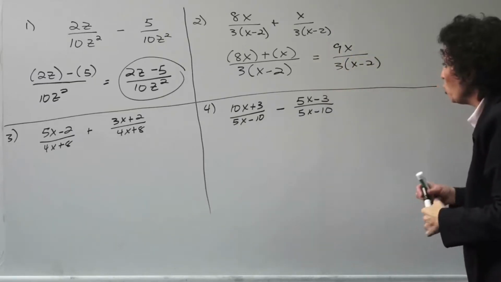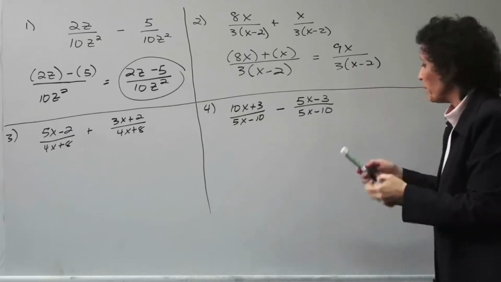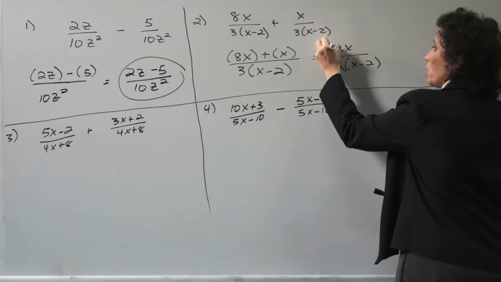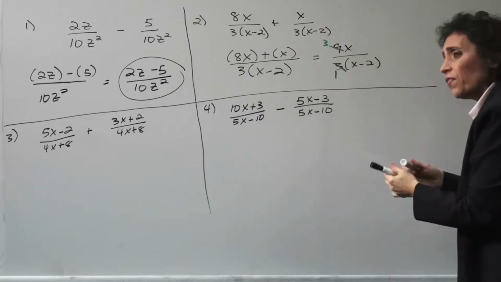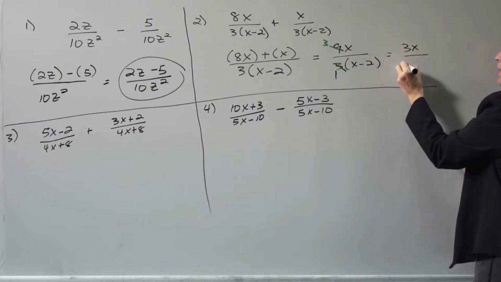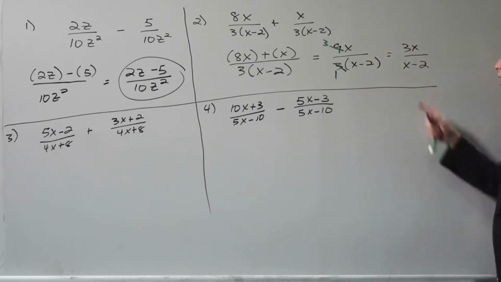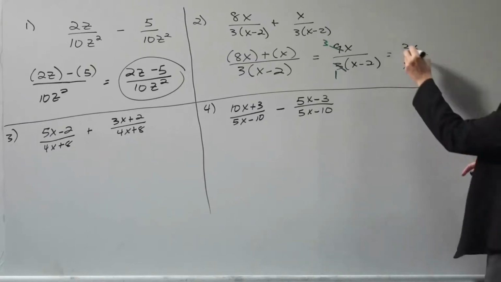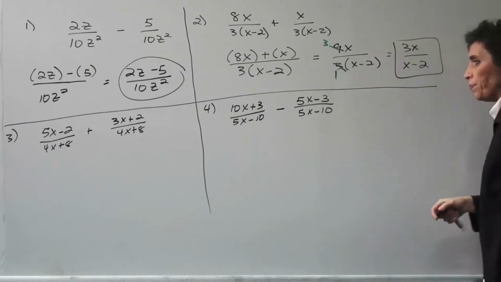I'm now going to reduce. The top is factored, the bottom is factored, and I have common factors. 3 goes into 3 once, 3 goes into 9 3 times. So on the top, I have 3x. And on the bottom, I have the quantity x minus 2. And I cannot reduce these x's because this one is a term. You cannot reduce terms.